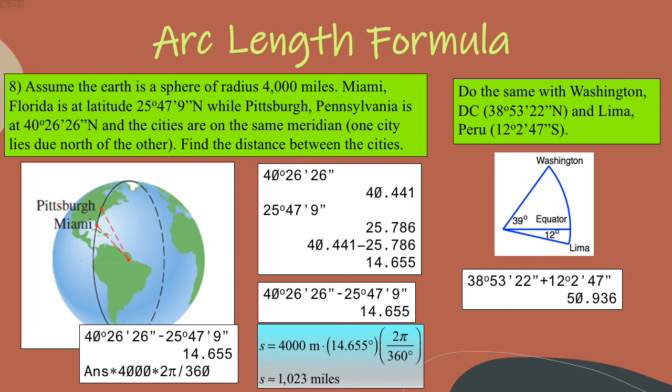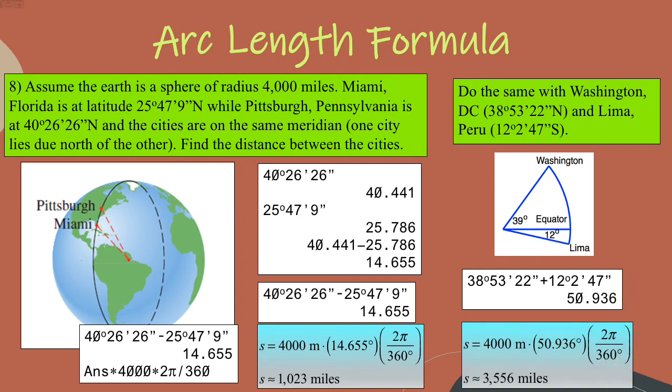And when we add them, we get 50.936 degrees. So using our arc length formula, we get S is equal to 4,000 miles times 50.936 degrees times 2 pi over 360 degrees. And we end up with the distance between Washington and Lima is approximately 3,556 miles.